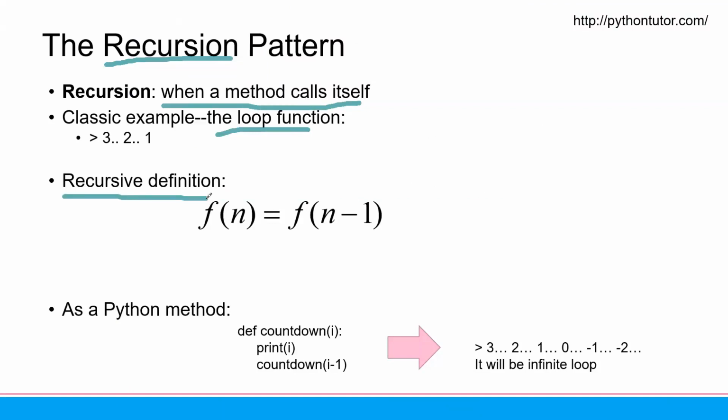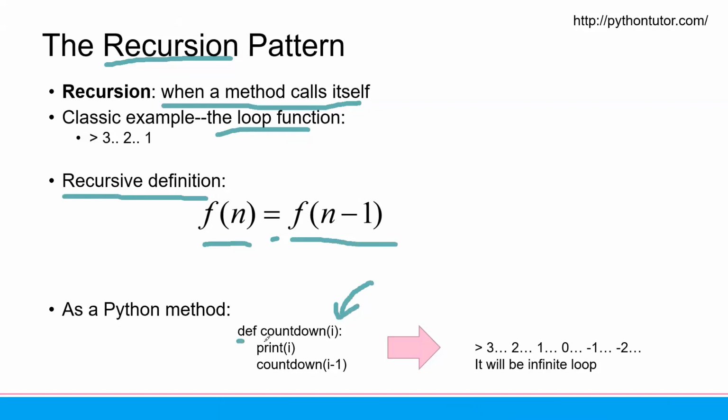The recursive definition: F n equals F n minus 1. It might be strange to understand this one, but we can take a look at this code.